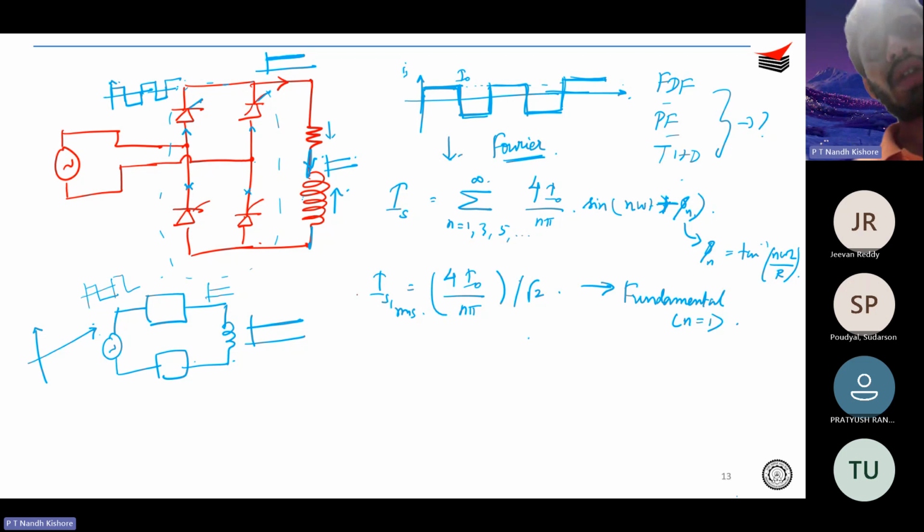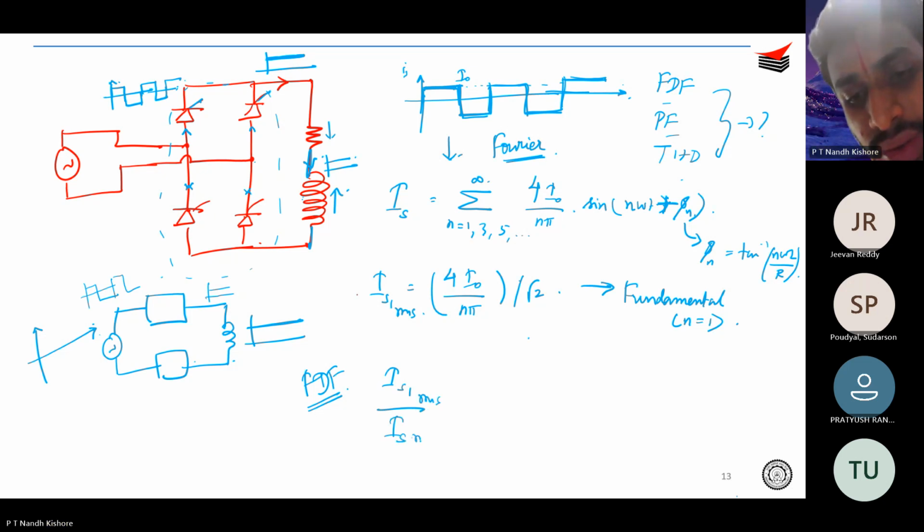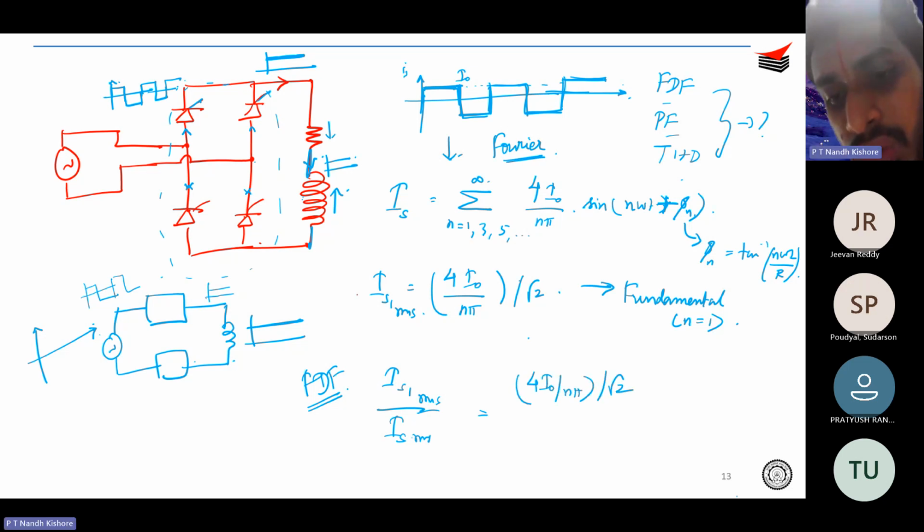From this, you should be able to tell what is your fundamental displacement factor. It is the fundamental value divided by the whole RMS value. So what is IS1 RMS? 4 I naught by n pi over root 2. And what is your IS RMS? What is the RMS of a square wave? It is just the amplitude, I naught.